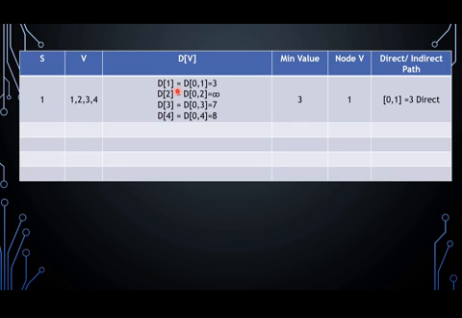Next I am supposed to find out the labels dv. So v is nothing but the vertices in vertex set v. So I am supposed to find d of 1, d of 2, d of 3 and d of 4. So what is d of 1? Distance from source to v. So distance from 0 to 1, distance from 0 to 2, distance from 0 to 3, distance from 0 to 4.